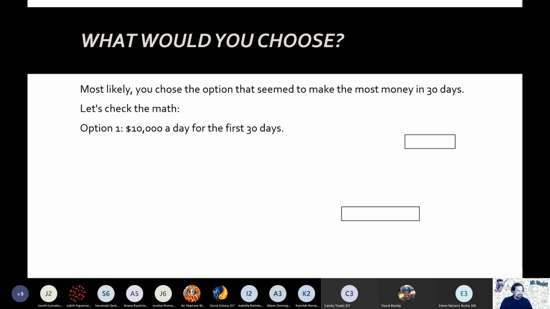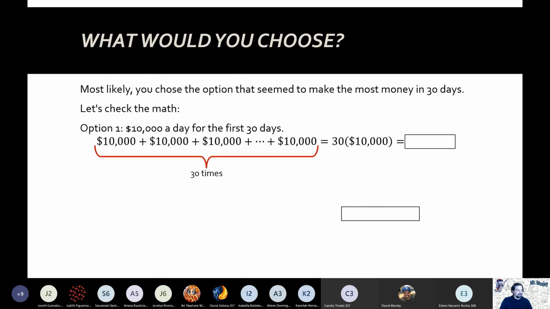Option 1 is 10,000 a day for the first 30 days. So we have 10,000 plus 10,000 plus 10,000, 30 times 10,000. Right, we're doing 10,000 plus 10,000 30 times, so that gives us 30 multiplied by 10,000. Right, that's where the 30 goes.